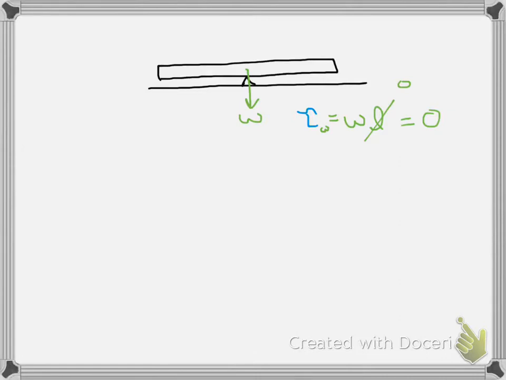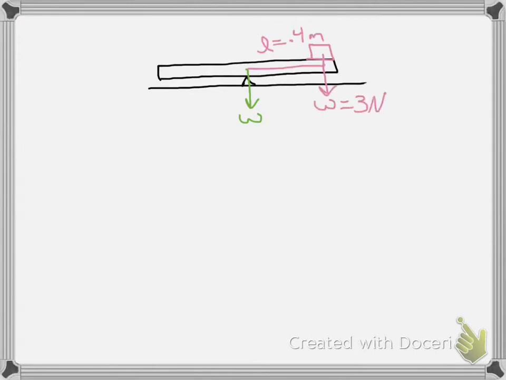The weight of the meter stick is acting directly through the pivot point, which means the length or the distance from the pivot point to the force is equal to 0. And this is why the weight of the meter stick itself in this example is not considered one of the torques. It's also why if you go and try to swing a door by pushing on the hinge, you can't really get it to open or close.